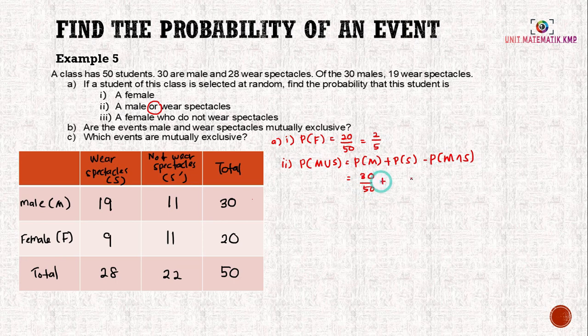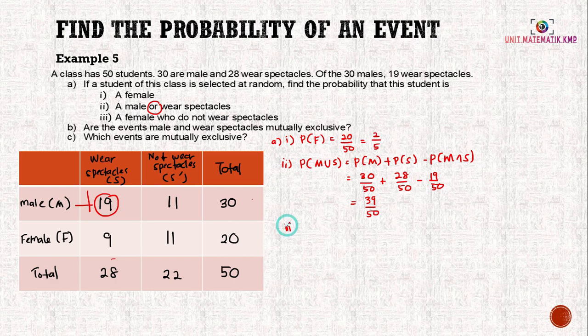Okay, plus spectacle is 28 over 50, and then minus, okay, probability of M intercept S. So M dan S adalah bahagian sini. So 19 over 50. Then you calculate guna calculator, you akan dapat 39 over 50.